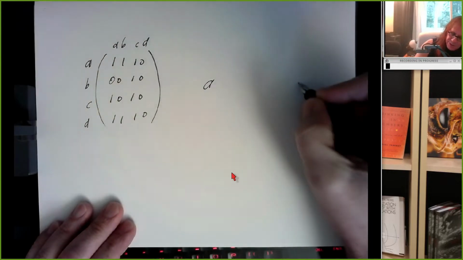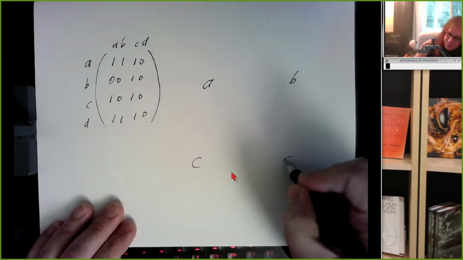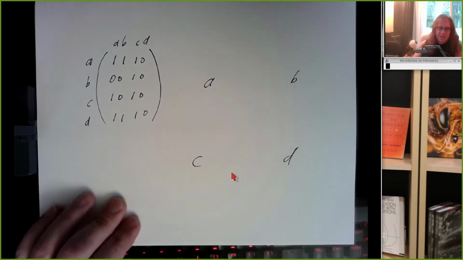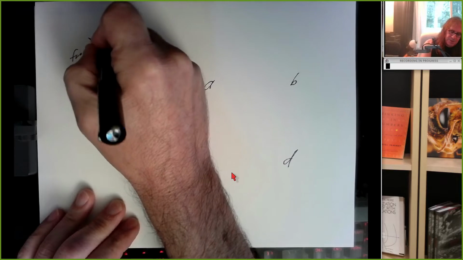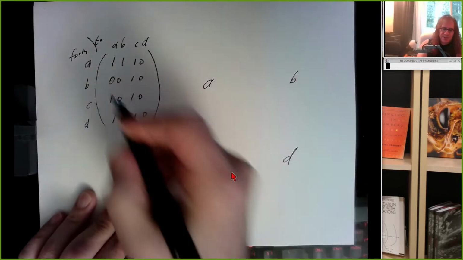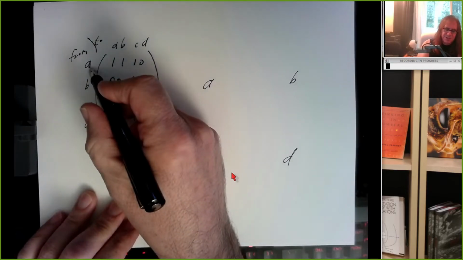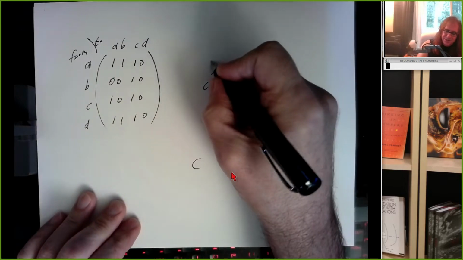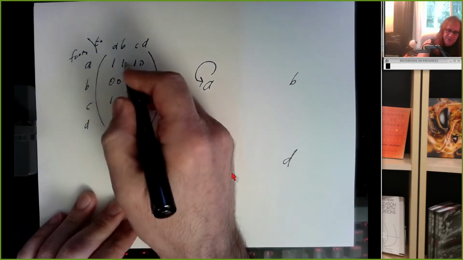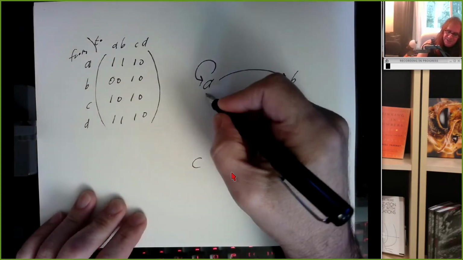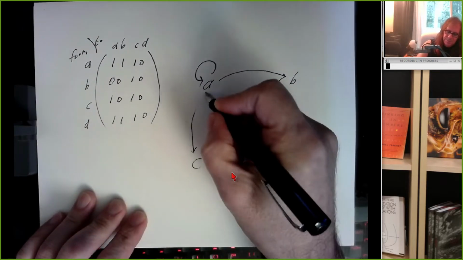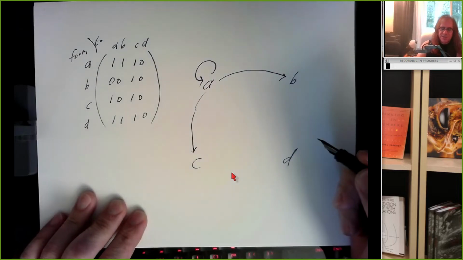And so draw these somewhere. And so, if we think of this as like from and to, then this one right here says there's an edge from A to A, so that's just a little loop. There's also an edge from A to B, an edge from A to C, and no edge from A to D.